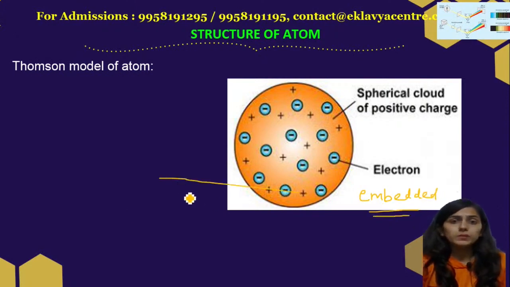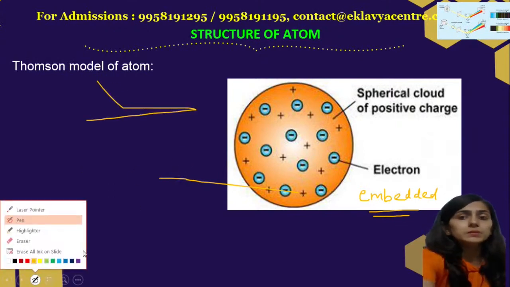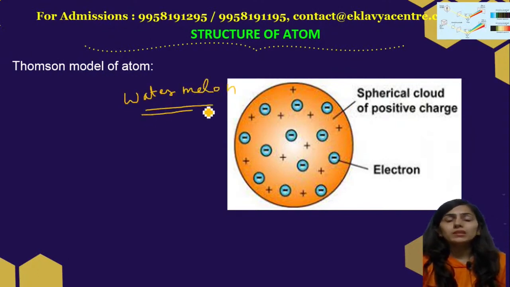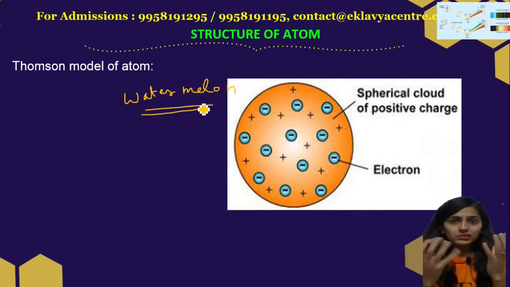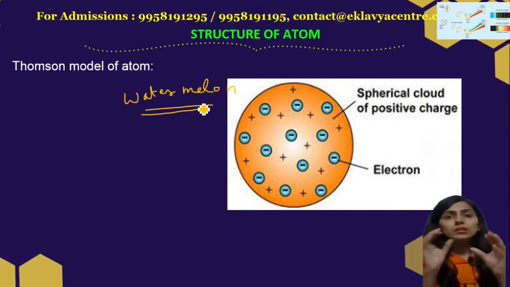And Thomson compared this picture of atom to a watermelon, or pudding, or kheer. You all must have eaten watermelon, right? How does watermelon look? The reddish part is the sphere of positive charge, and the black seeds are the electrons embedded into the positively charged watermelon.